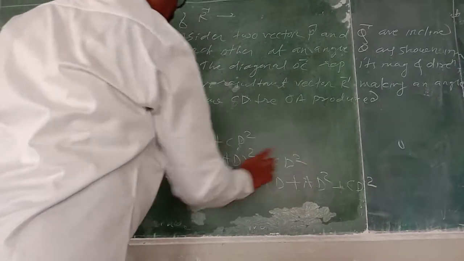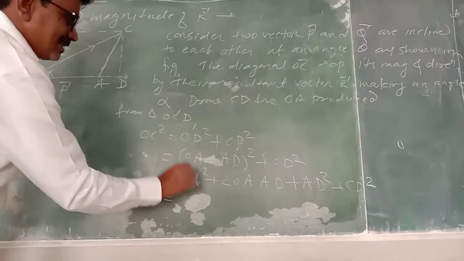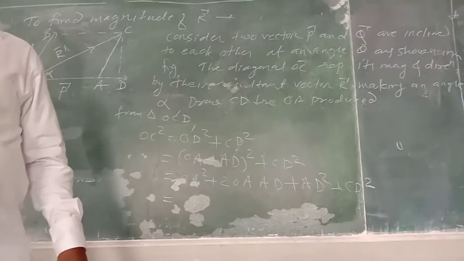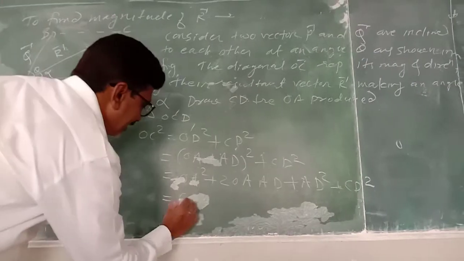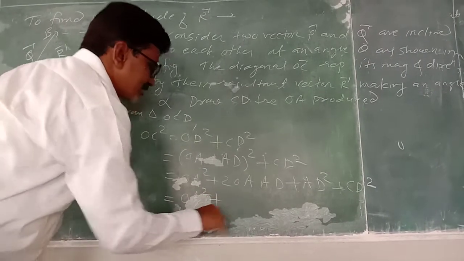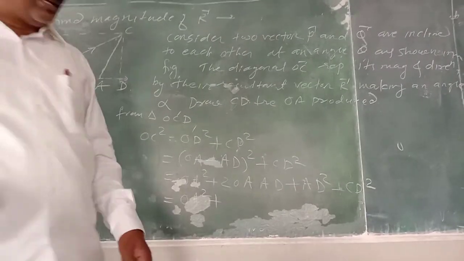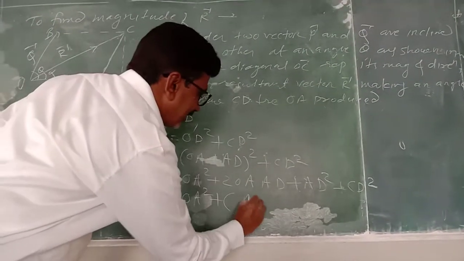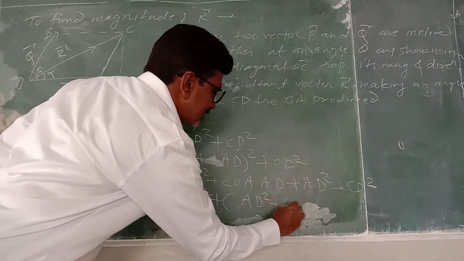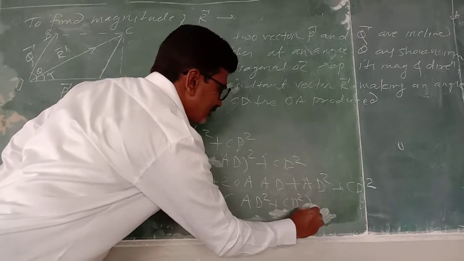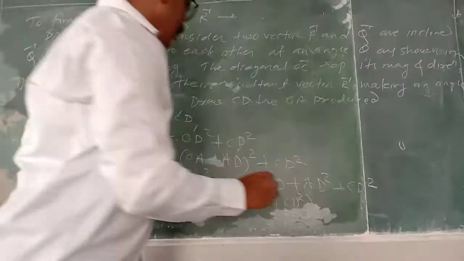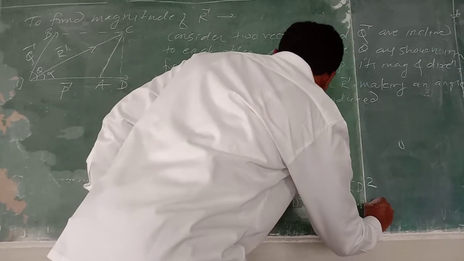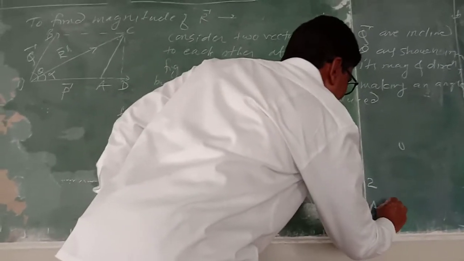That is equal to OA square, written as it is, plus (AD square plus CD square) in the bracket plus twice OA into AD.